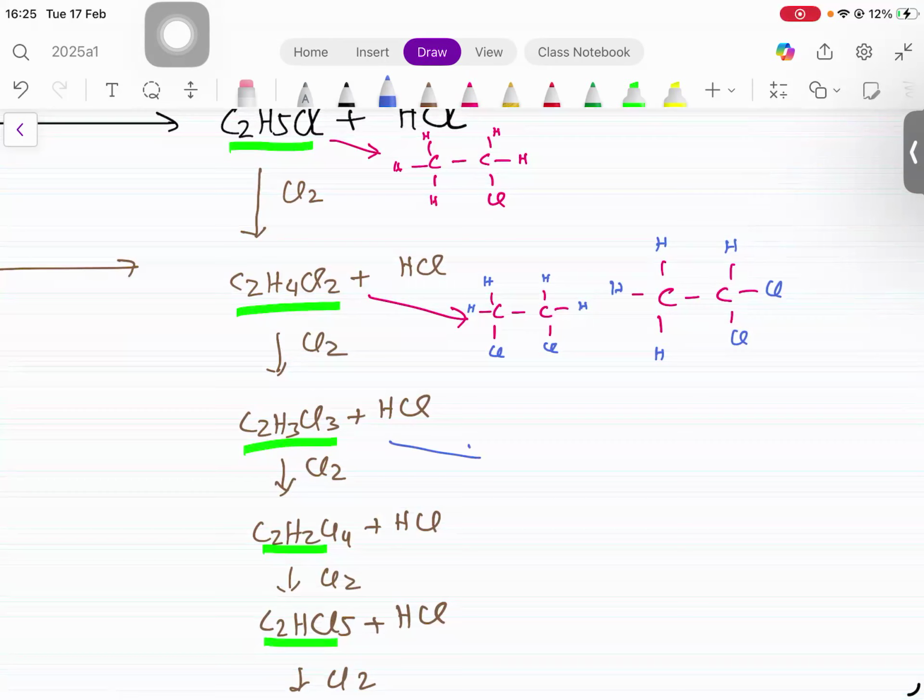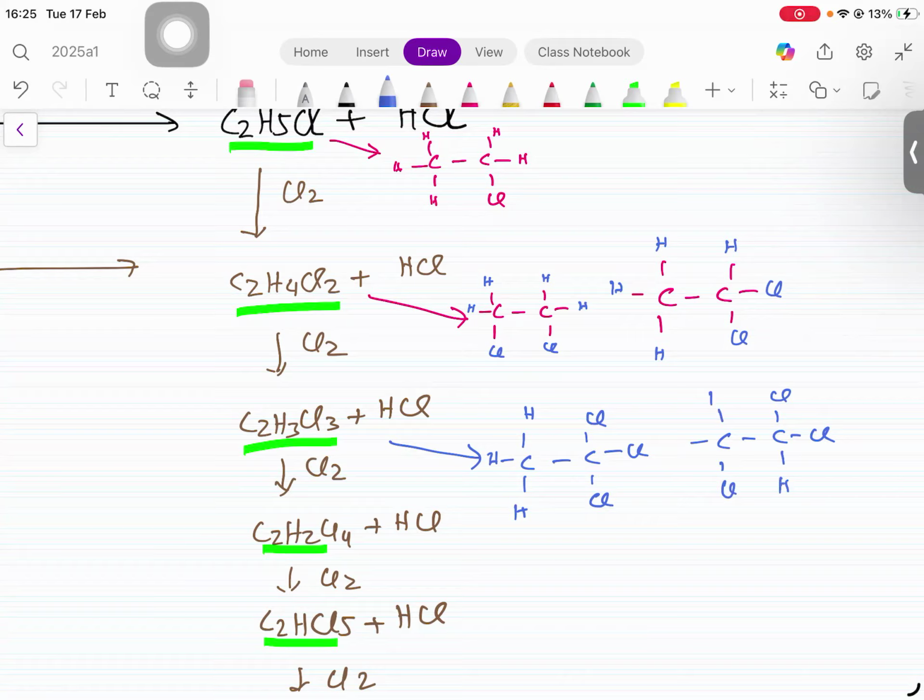Similarly, for C2H3Cl3 this could be 1,1,1-trichloro, or this could be 1,1,2-trichloro. There are two options, two structures can form.